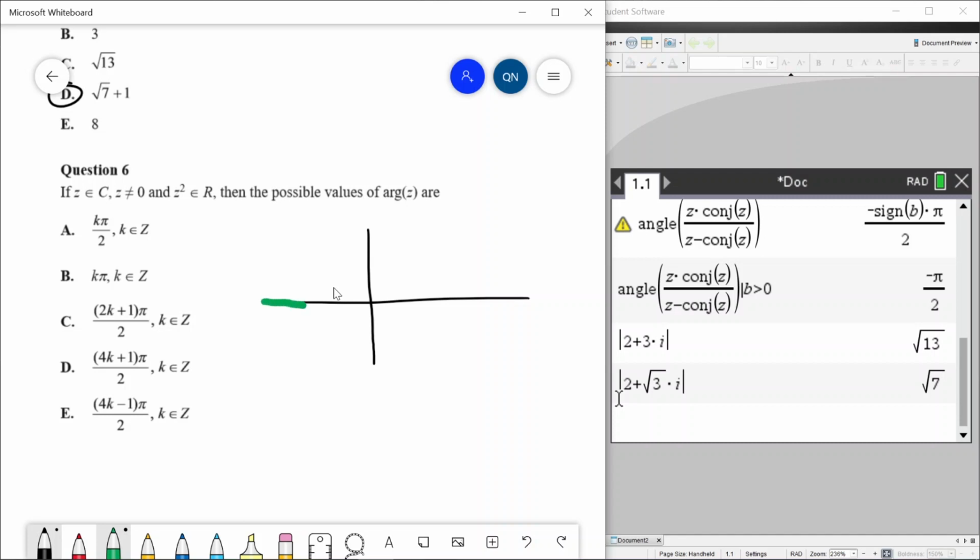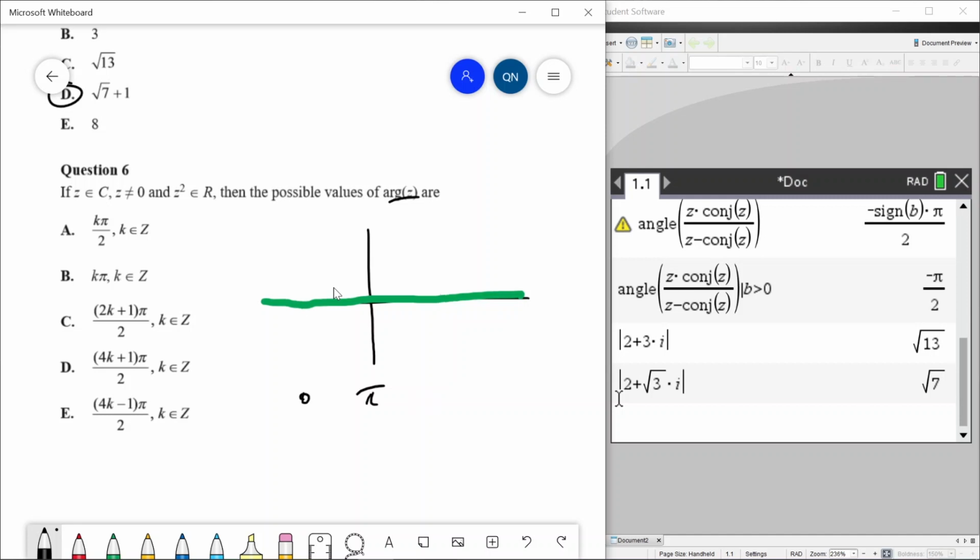So the real axis is where you want to be, right over there. So a real number, when you square it, of course it lands back on the real axis. So you could have arg z being equal to, for example, 0 or pi. So it could be over here, or it could be over here on the real axis, positive or negative. If you square it, you're still back on the real line.